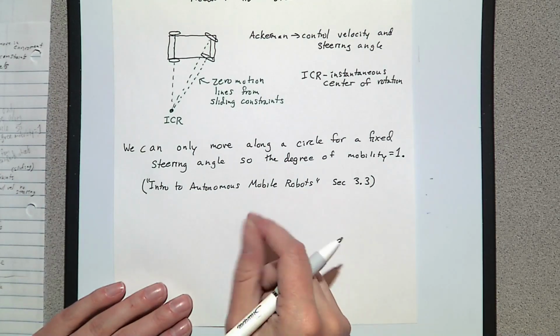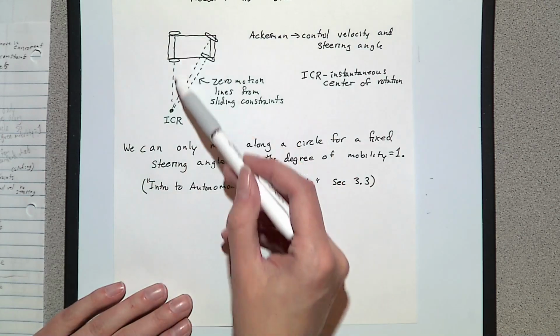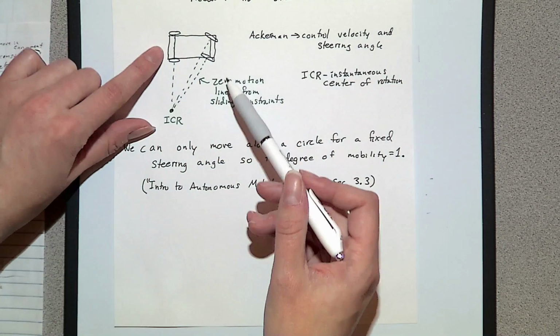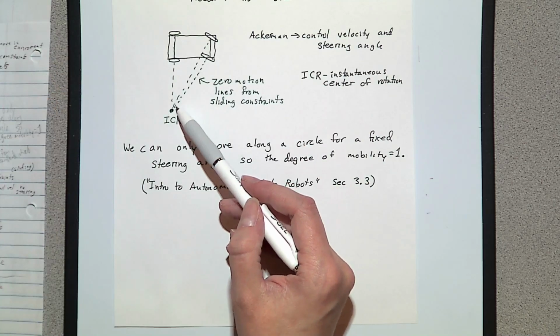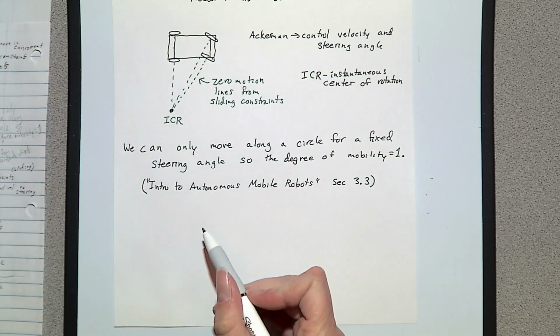Like I said, it comes from the standard wheels where we have the sliding constraints. And so as we have more constraints, it limits the directions that we can move in.